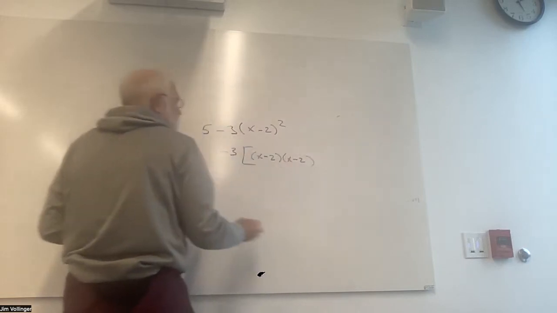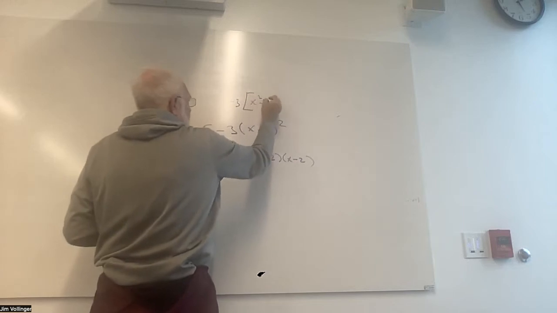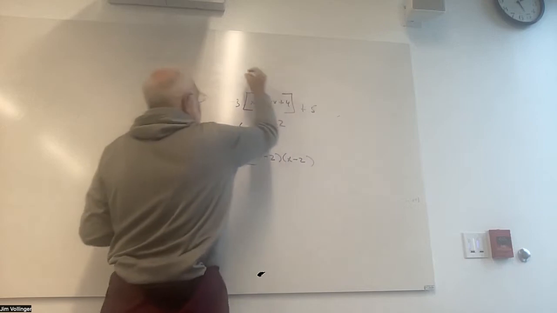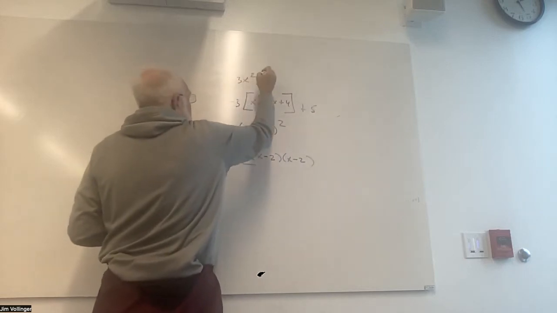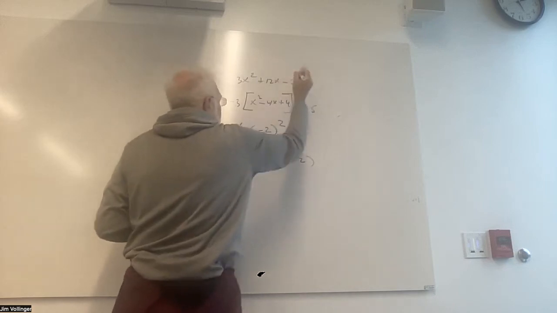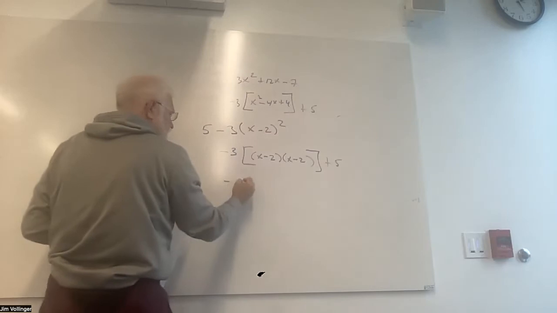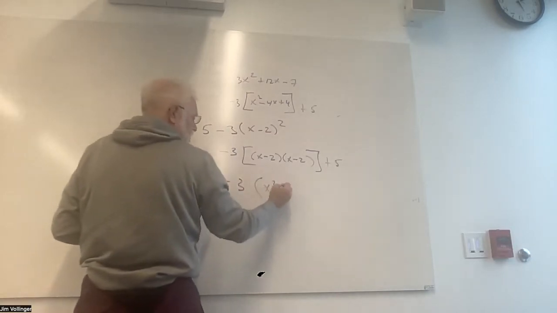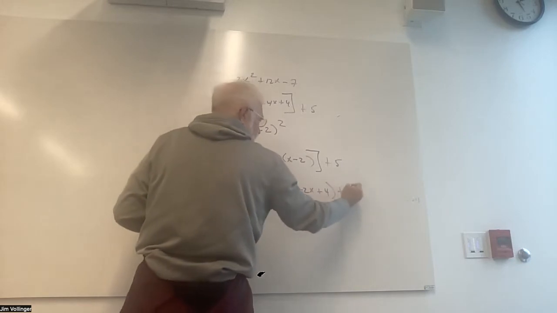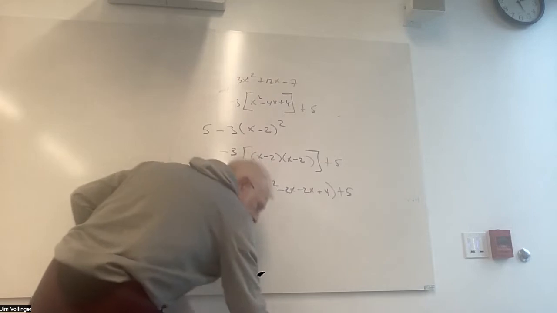If you were taking the shortcut, you would have said -3 times (x squared minus 4x plus 4), and then added the 5 and written your answer: -3x squared plus 12x, and do this in your head, -12 plus 5 is -7. This is going to bring you to the same place. Put the 5 out here, take your time with the FOILing: x squared minus 2x minus 2x plus 4, plus 5. And if you do that out, it brings you right back to there. All right.